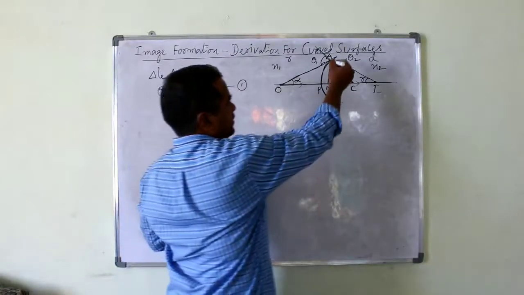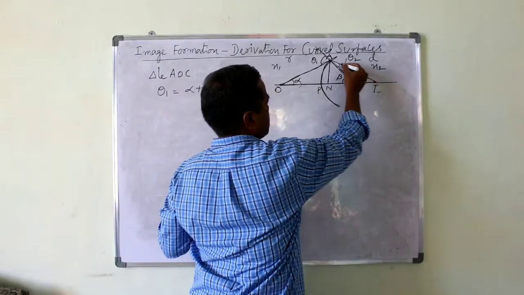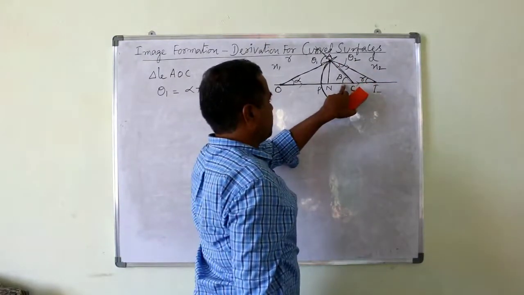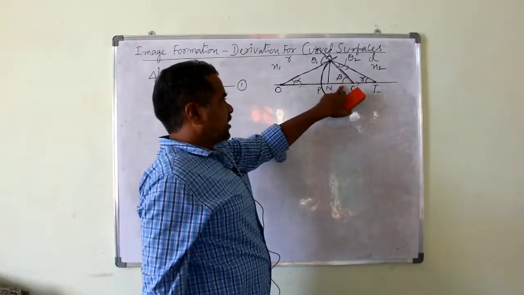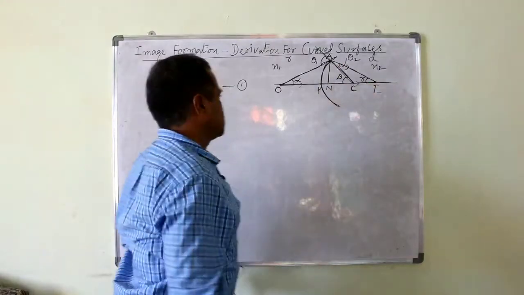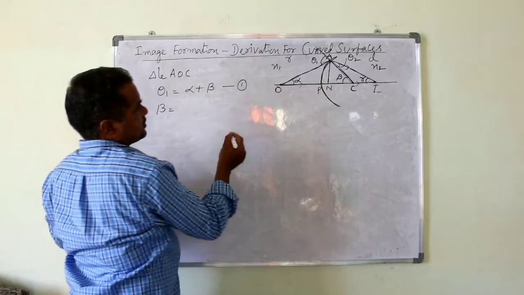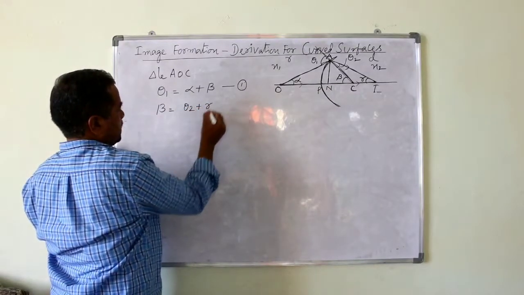Now consider triangle ACI. If we extend side CI, one exterior angle beta is formed. The exterior angle is equal to the sum of the opposite interior angles, so beta is equal to theta2 plus gamma.